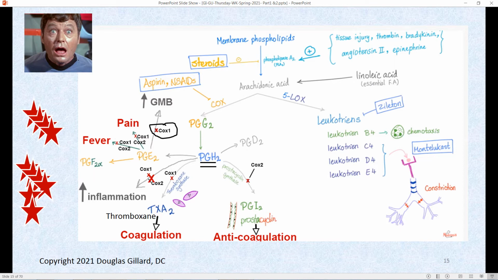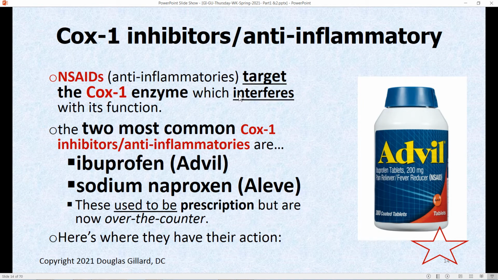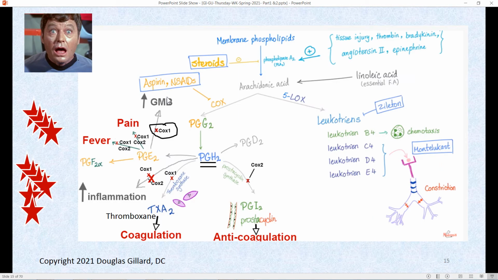The key with those two, if the NSAID's target is the COX-1 enzyme, let's go back to our chart, and what does that do? Well, it blocks the step right here. PGE2 is going to be blocked from making the gastromucosal barrier.